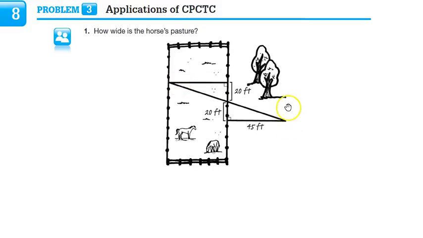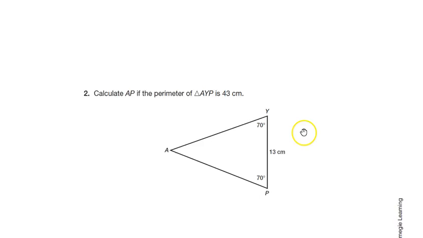And in a transversal, we have one angle and another angle that are congruent by alternate interior angles. So angle, angle, side. Again, angle, angle, side. The two triangles have to be congruent. Therefore, if this comes out 45 feet, then the corresponding side of this triangle is 45 feet as well.